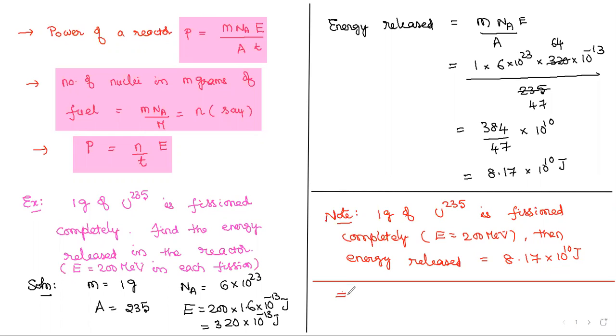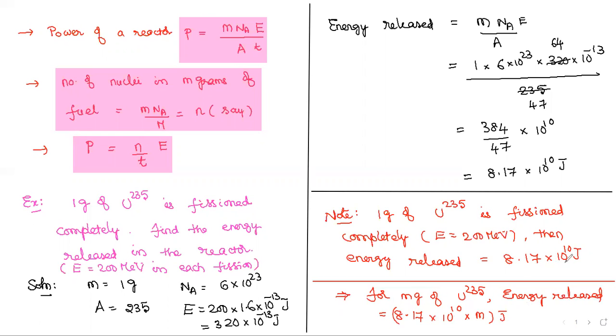So you can extend that for m grams of uranium-235, the energy released under the same conditions is equal to 8.17 into 10 to the power of 10 into mass, in joules.